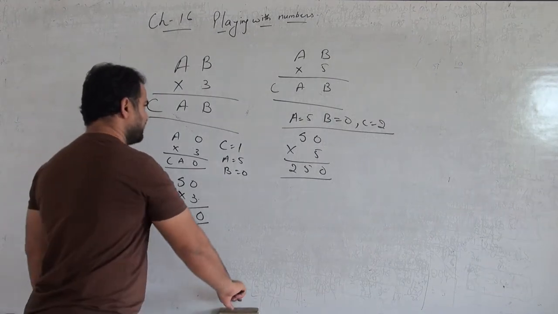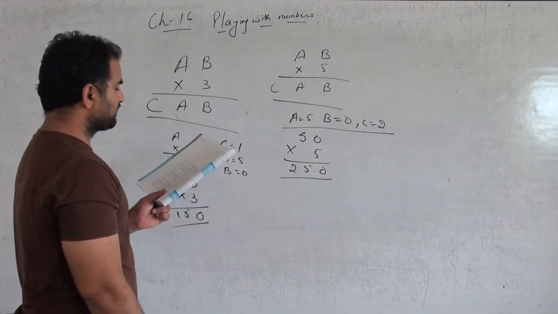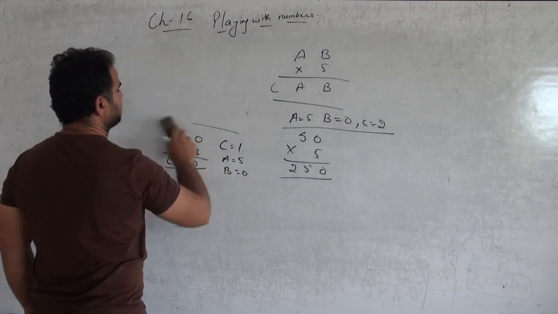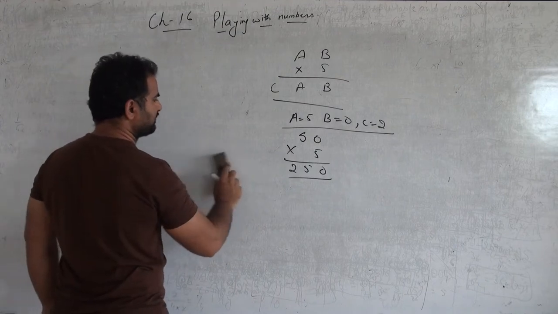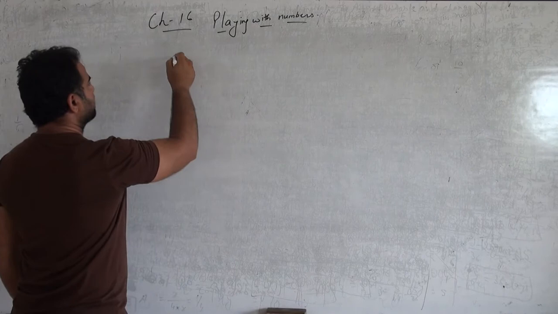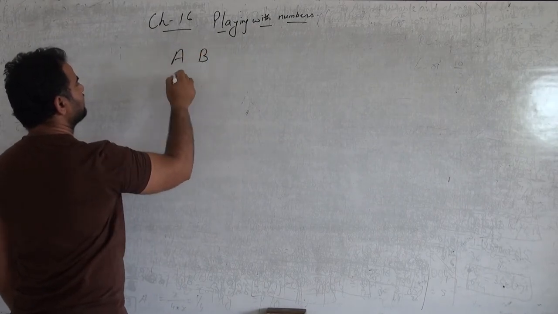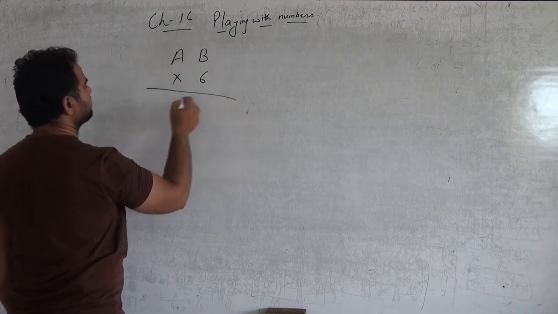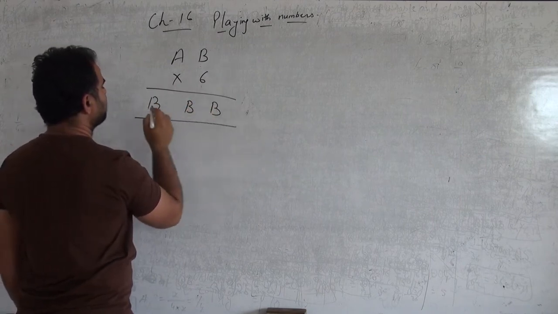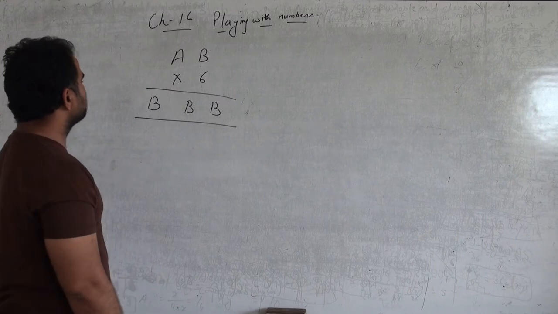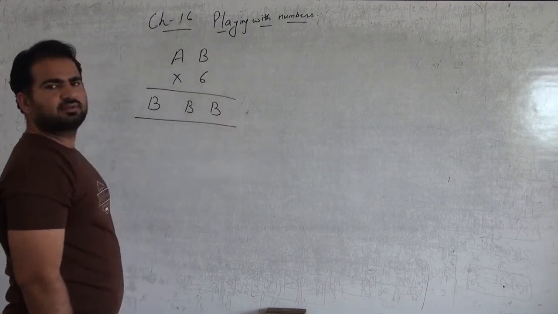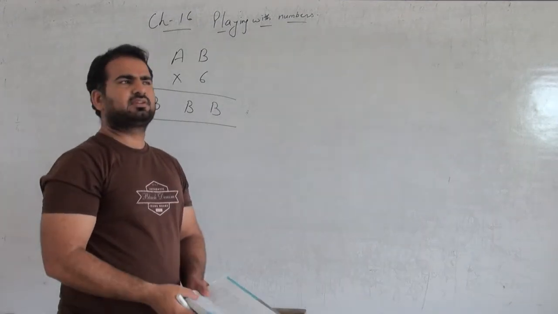Okay. Next, AB into 6 equals BBB. AB multiplied by 6 gives BB and B. Done? So, from what number should it be multiplied so that it gives the same unit digit?